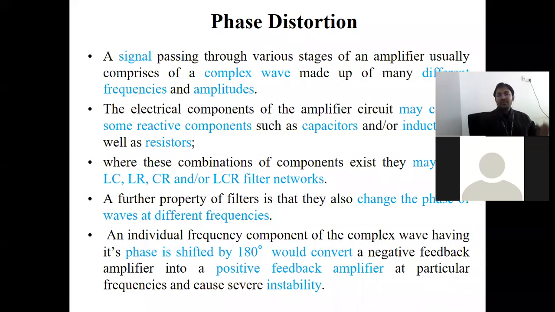So whenever you have resistors, inductors, capacitors in your amplifier circuits, they contribute to phase shift, which leads to phase distortion.